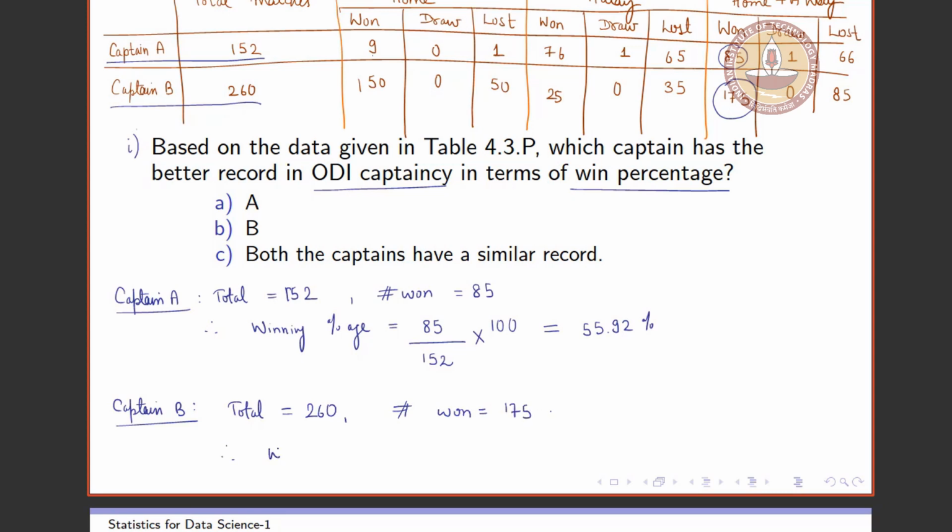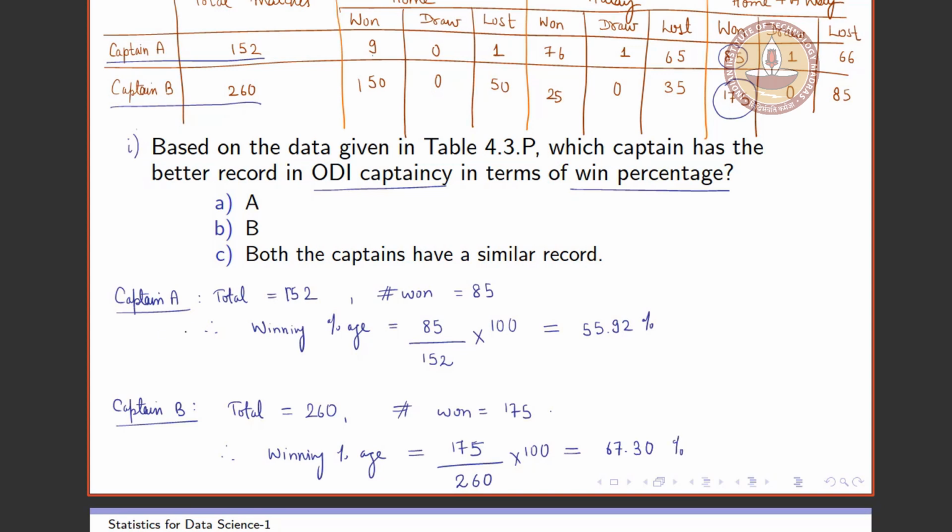Therefore, winning percentage of Captain B is total number of matches won by Captain B in home plus away matches, that is in ODI cricket, divided by total number of matches played by Captain B into 100, that is equal to 67.30%.